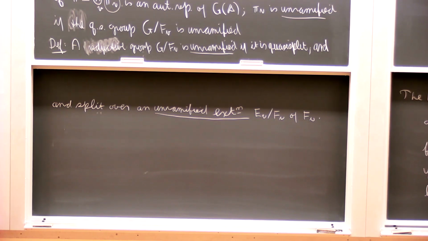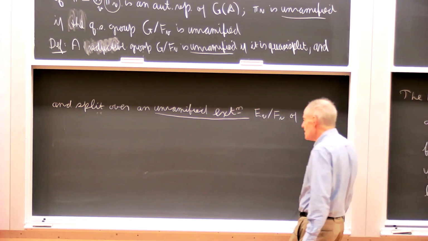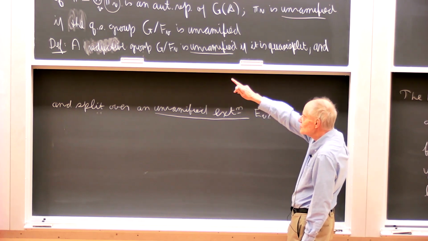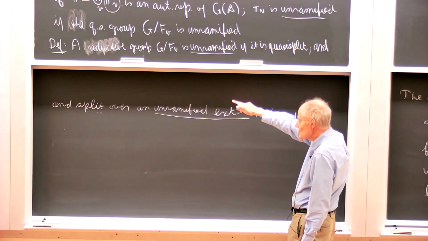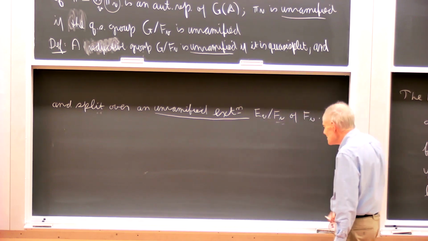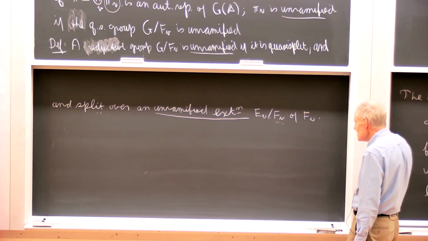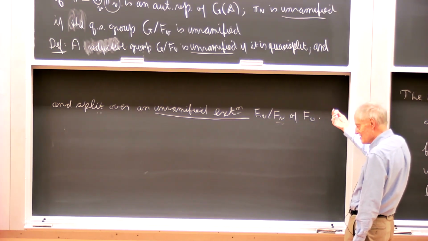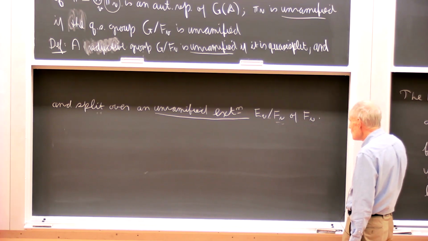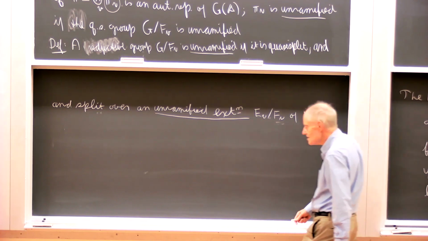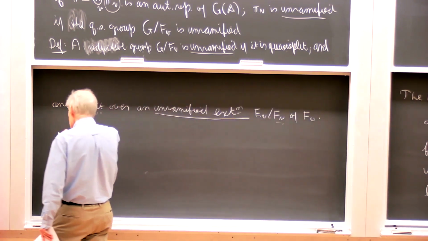And we would say that a group over F_v is unramified if not only is it split over some extension, but if it's split over an unramified extension. And it follows almost from the definitions.